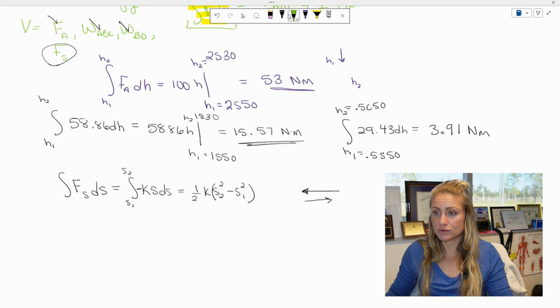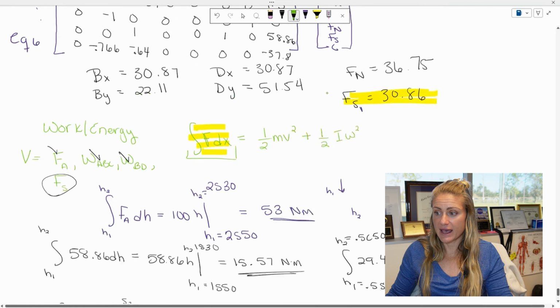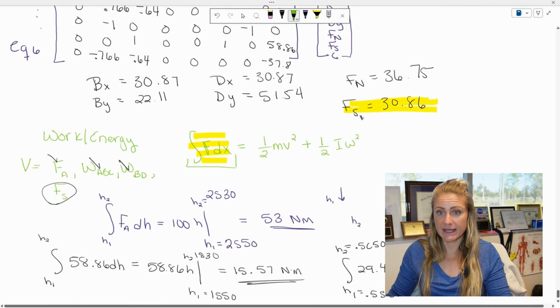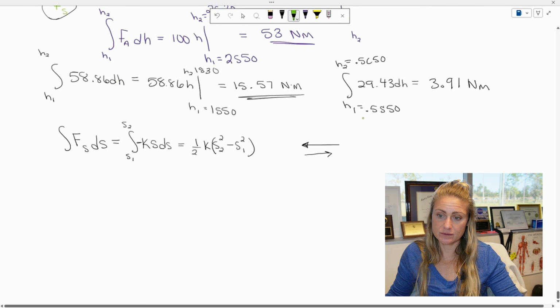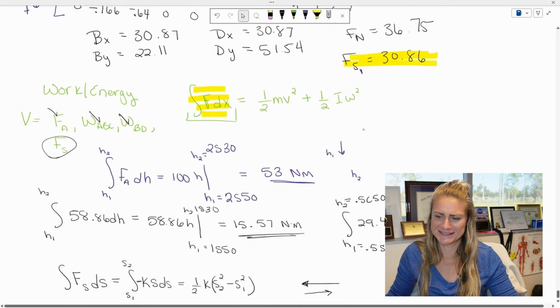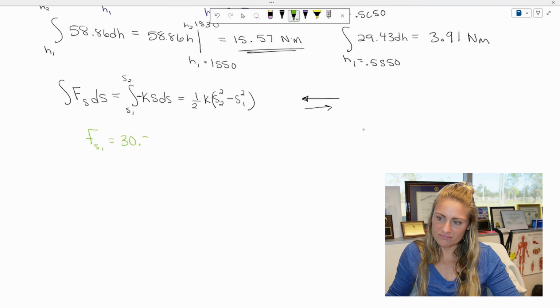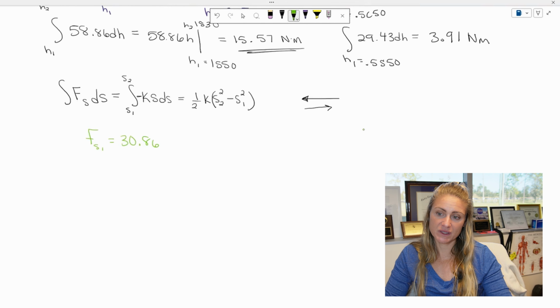We found earlier FS1 as 30.86. So let's bring that down here. FS1 equals 30.86. And I set up here that Fs is equal to Ks, right?